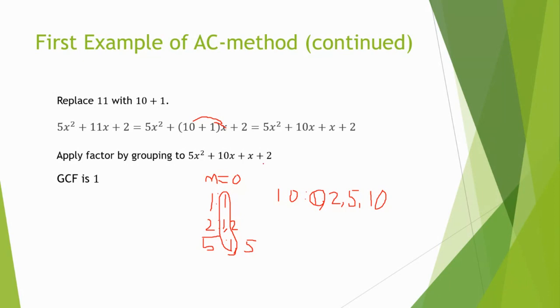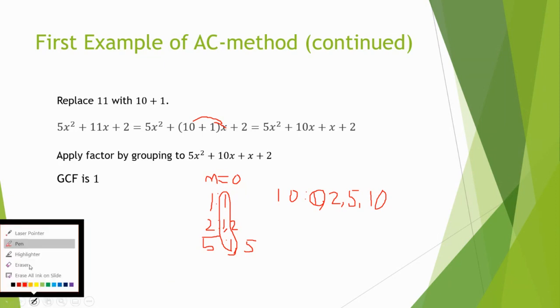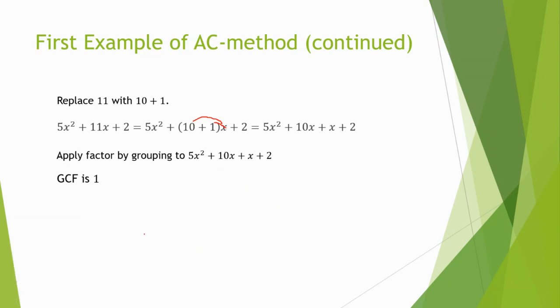And there's no variable. So just like we saw before, the GCF then has to be 1. Let me erase this as well. There we go.